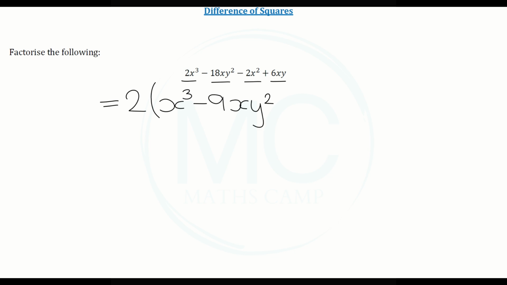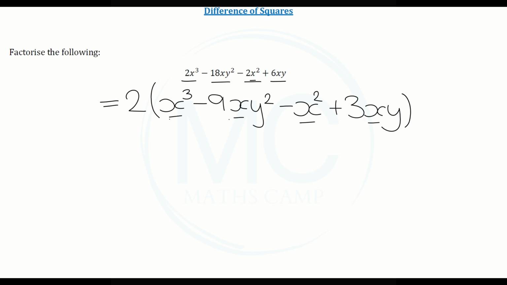Negative 2 divided by 2 is negative 1. We have an x squared term, so we can say negative x squared. And 6 divided by 2 is 3. So I can say plus 3xy.